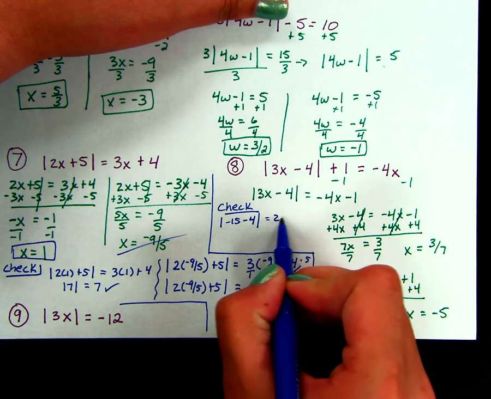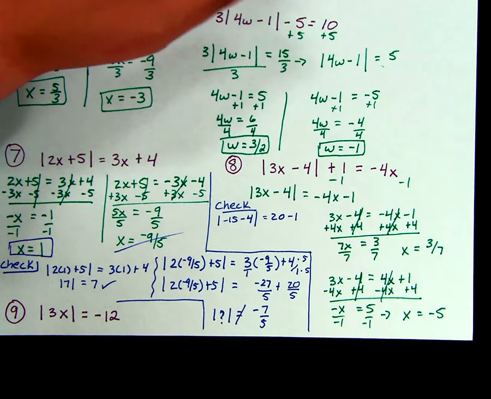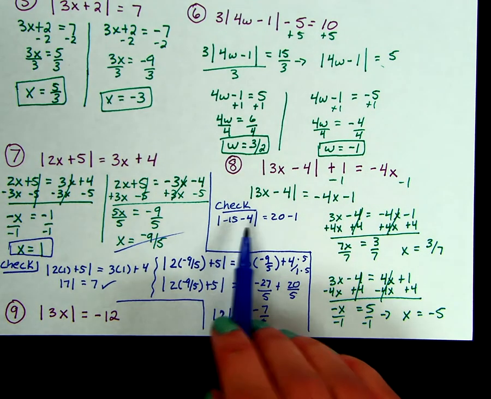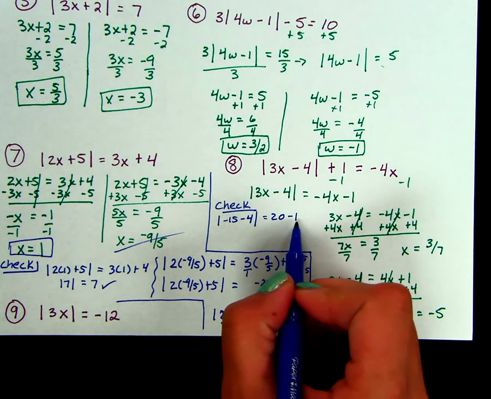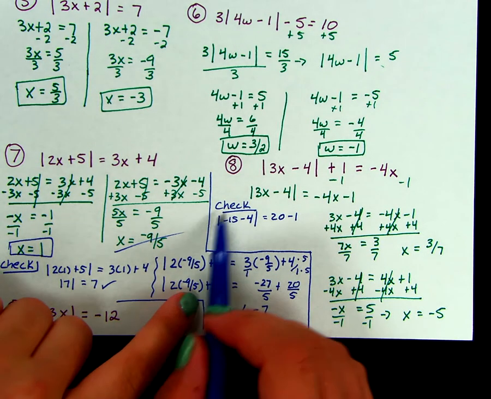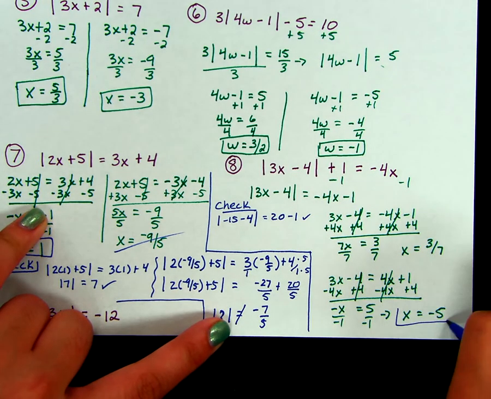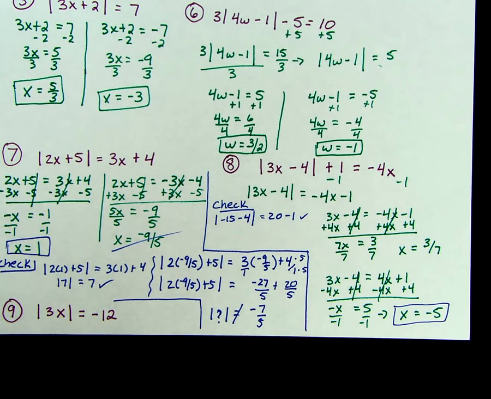So positive 20 minus 1. Well, if I look here, this is going to be a negative 19. And then here, this is a positive 19. Well, when we take the absolute value, this side is going to become positive, so I know this is going to work. So that means that x equals negative 5 is a solution.